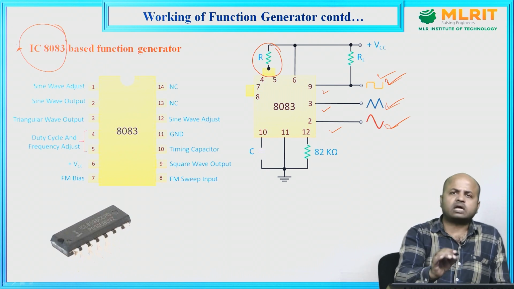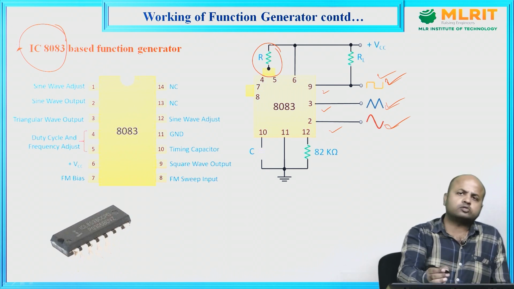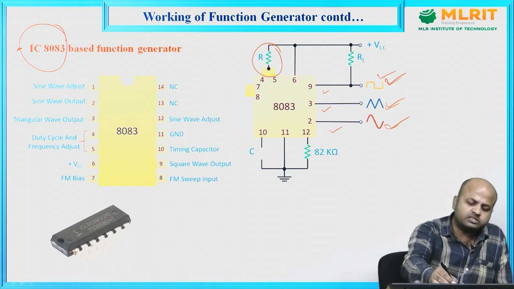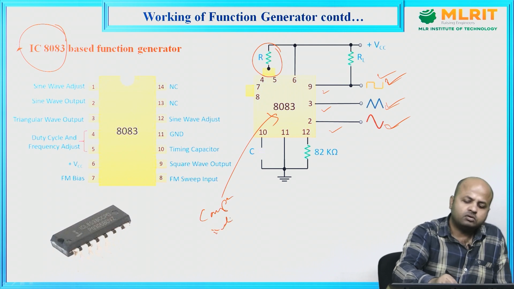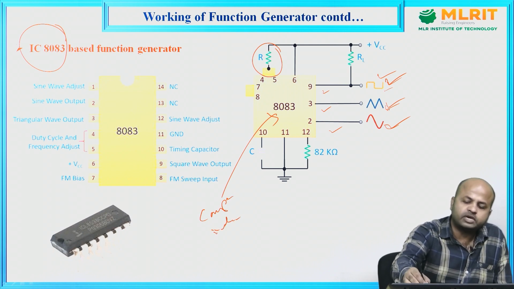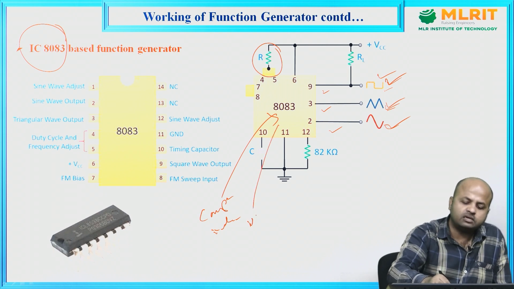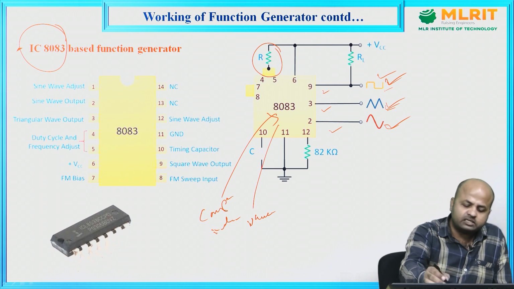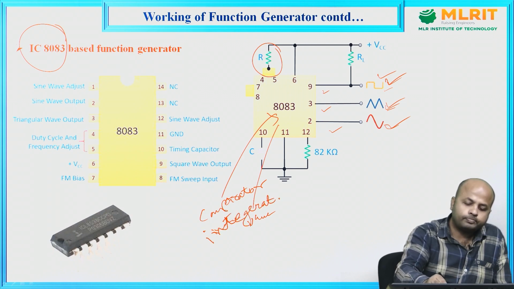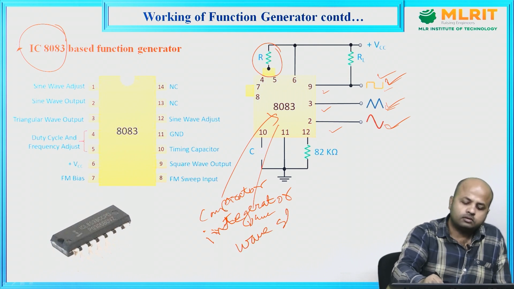So it is a type of inbuilt function generator, and it also consists of the same things. Inside this 8038 there is a comparator circuit, an integrator circuit which is producing the square wave and triangular wave, and a wave shaping circuit.